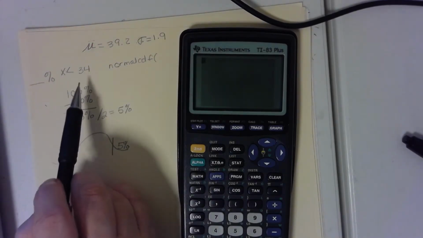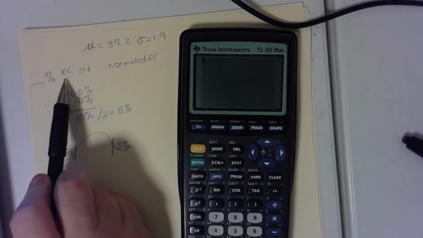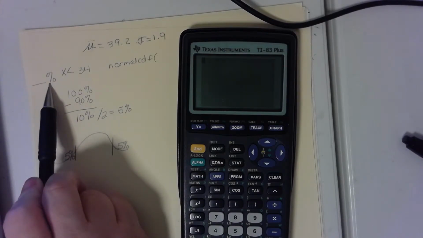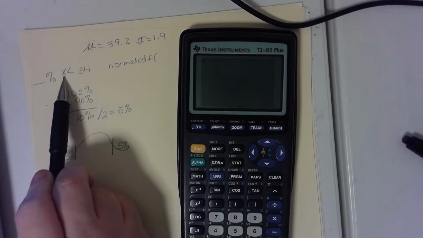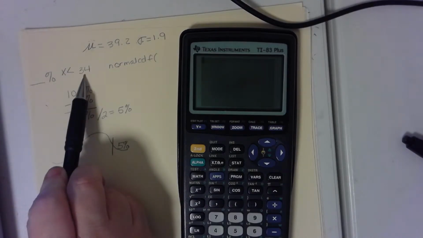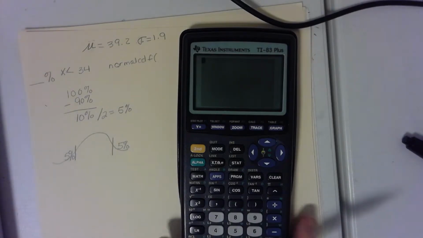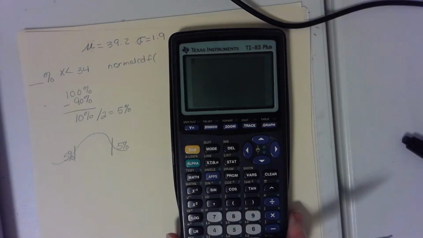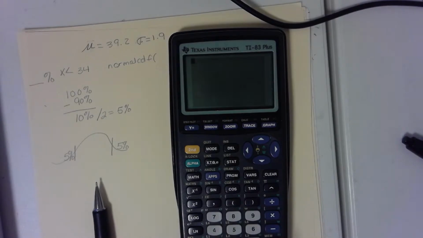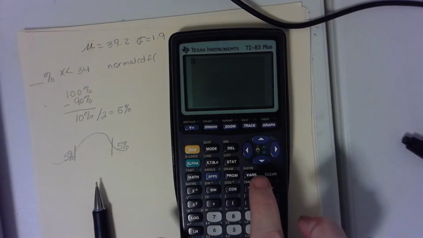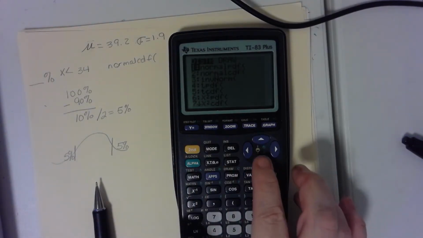Alright, so now they're asking us what is the percentage of when x is less than 34. So I'm going to use my normal CDF, and this time I'm going to show you using my TI-83. So I'm going to go to my second vars, down to my normal CDF.